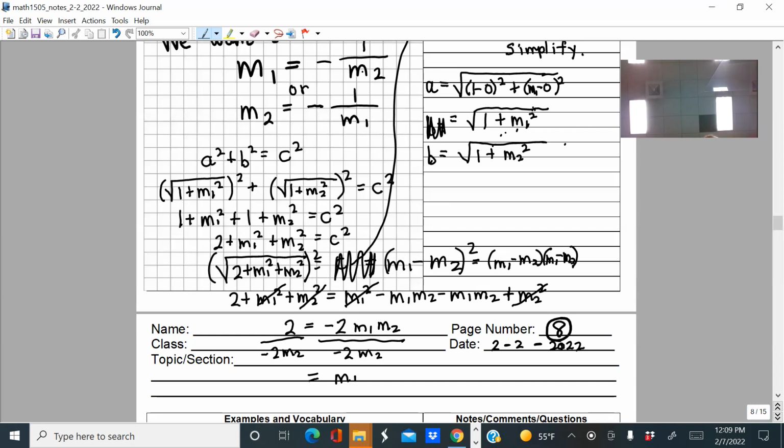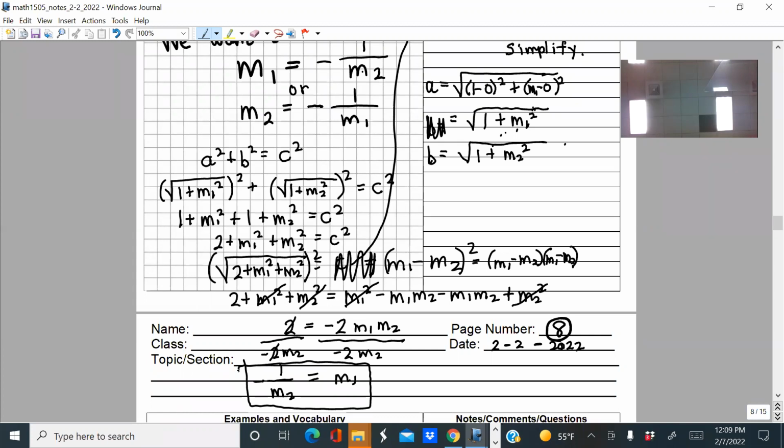We get M1 is equal to, the 2's divide out, and look what you end up with. Oh, what does that tell you? They're negative reciprocals, okay? That's right. The slopes are negative reciprocals of one another, just as promised.